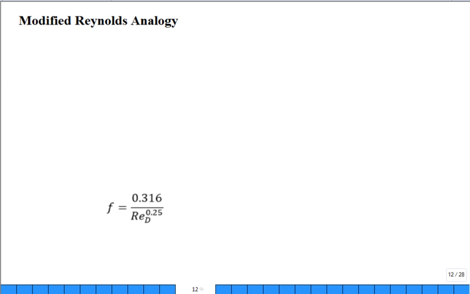What was our modified Reynolds analogy? C sub f divided by 2 is, I mean, not Newton, Nusselt divided by Reynolds Prandtl to the 1/3. So the Nusselt is equal to C sub f over 2, Reynolds Prandtl to the 1/3. I can get my first convective correlation, that easy.